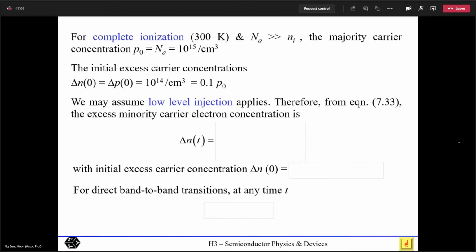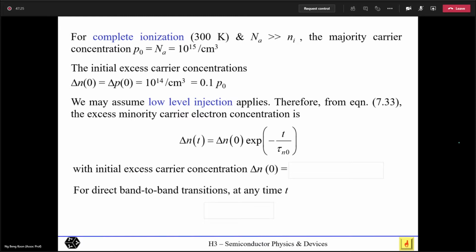Because P0 is relatively high, 10 power 15. You can find the N0 just to double check, but you'll find that P0 will be much greater than N0, which implies that the two assumptions are valid.